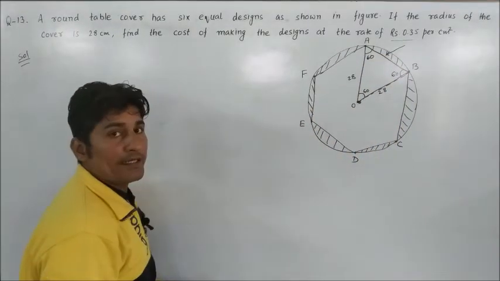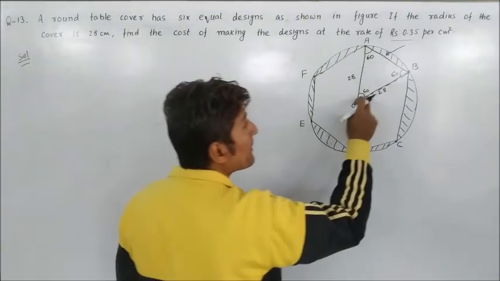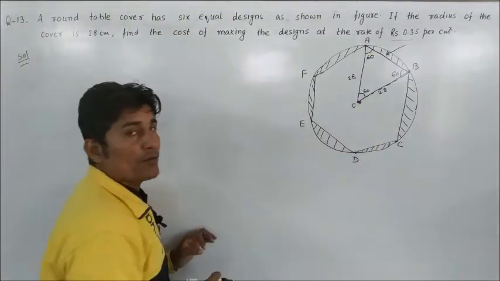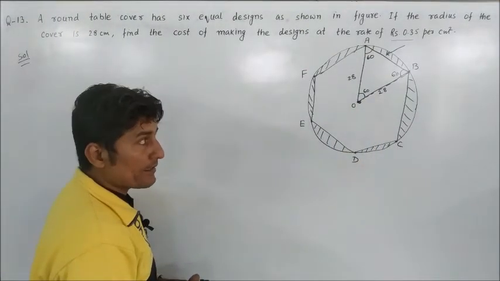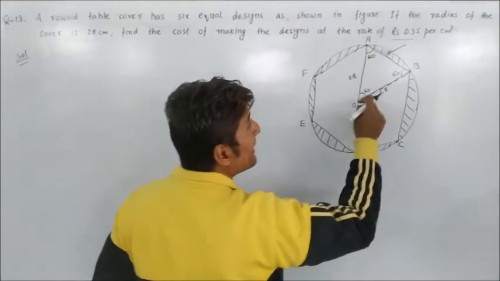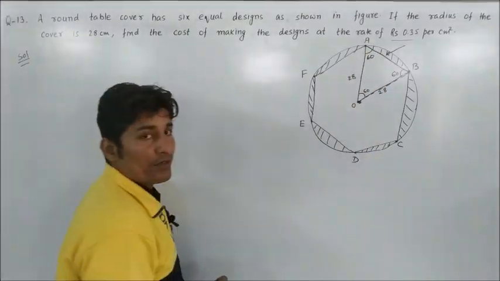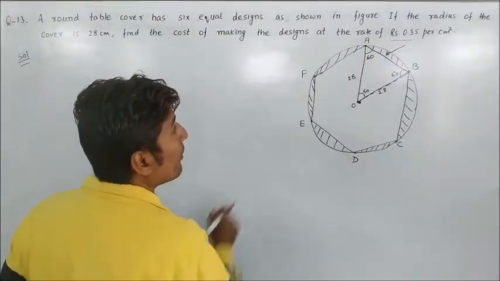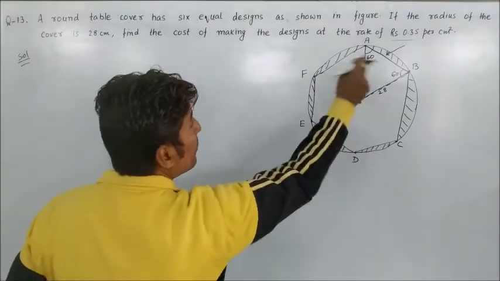Since all the angles are equal, 60 degree, 60 degree and 60 degree, we can say that it is an equilateral triangle. So we are going to find the area of equilateral triangle OAB.